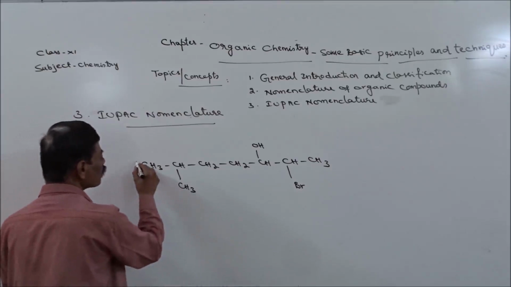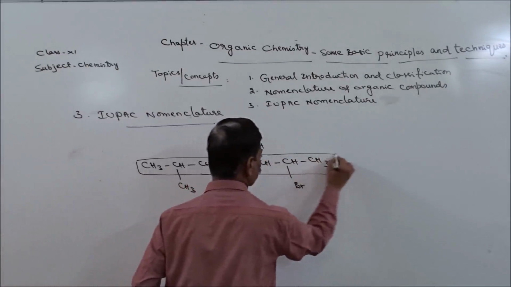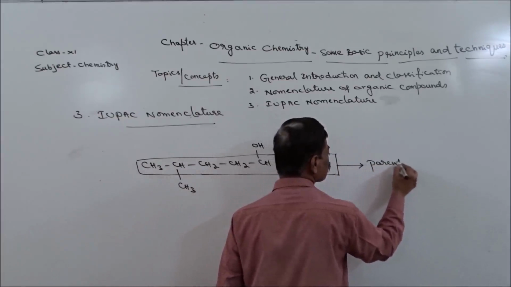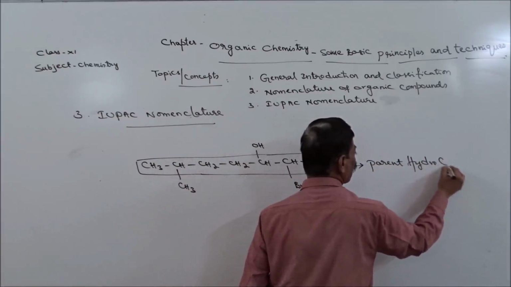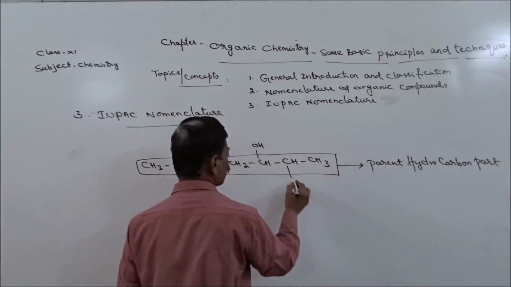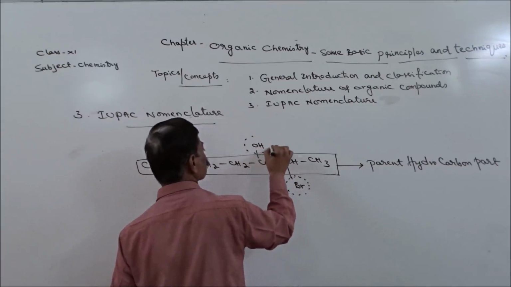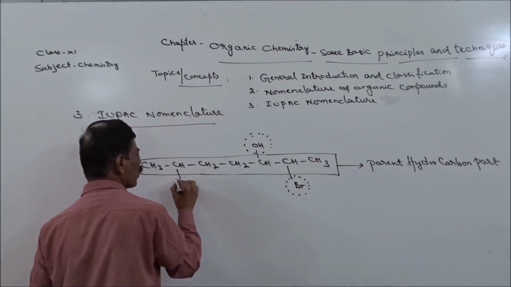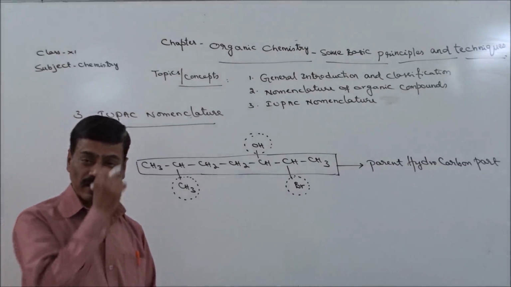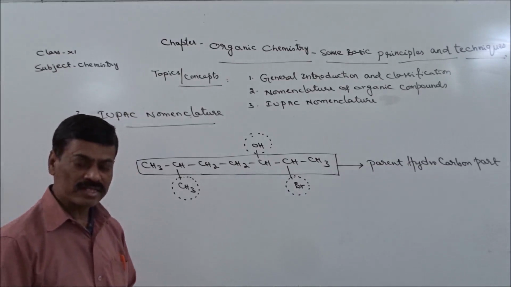Now, in this compound, this part is called the parent hydrocarbon part. Now, this Br and OH and CH3. Remember, in any compound, CH3, C2H5, methyl, ethyl, propyl, they cannot be the functional groups.